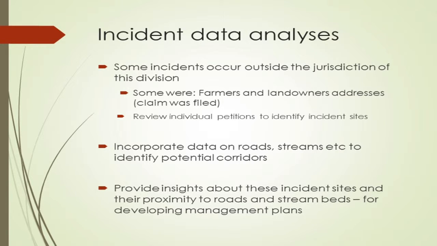But we also found a few problems, because some of the records fell clearly outside, way far out. And it turns out that those happen to be the addresses from where the farmers filed the claim, not where the instances took place. So now we have to go back and review all those petitions to see where they mentioned this is where it happened, okay?